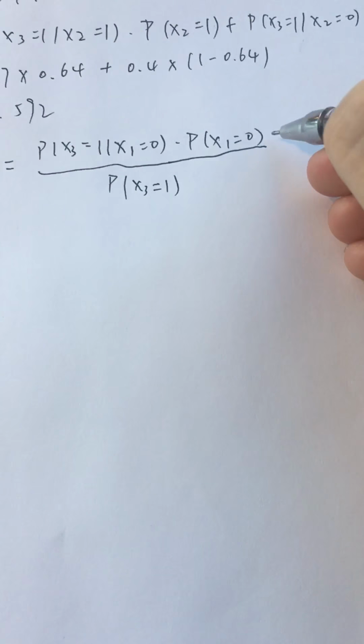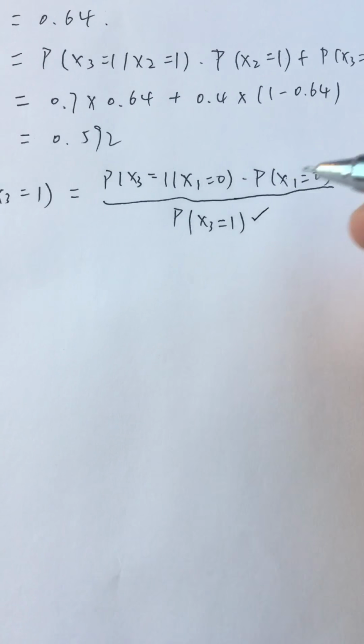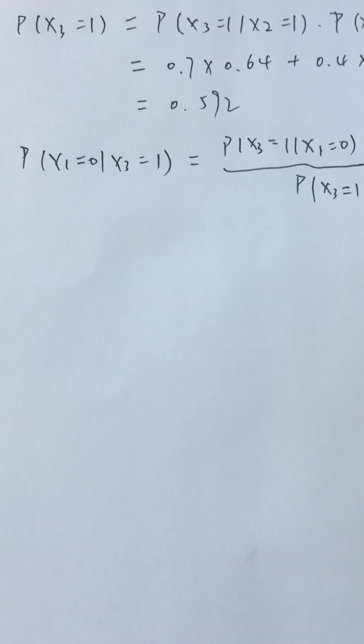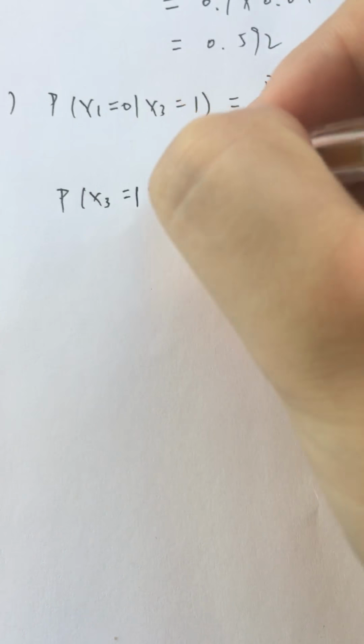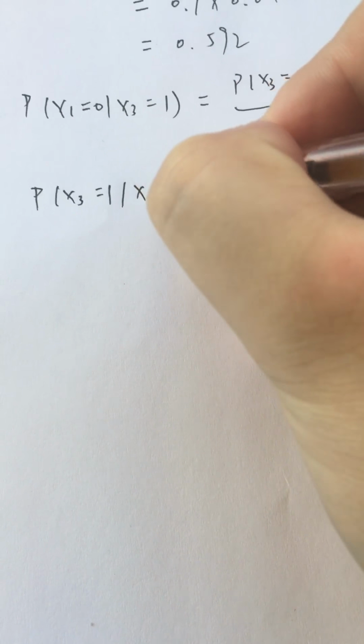Now we know this probability and this probability, so what we want is the probability of x3 is 1 given x1 is 0.